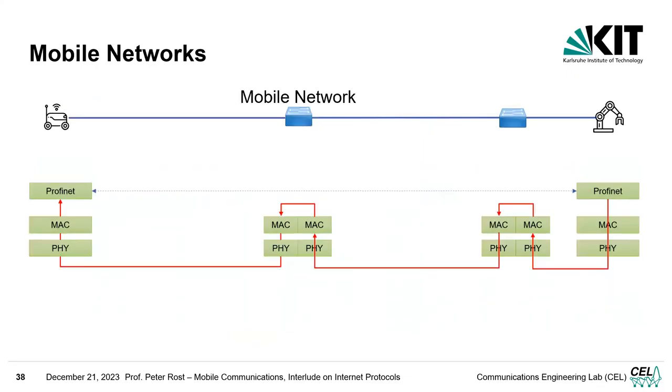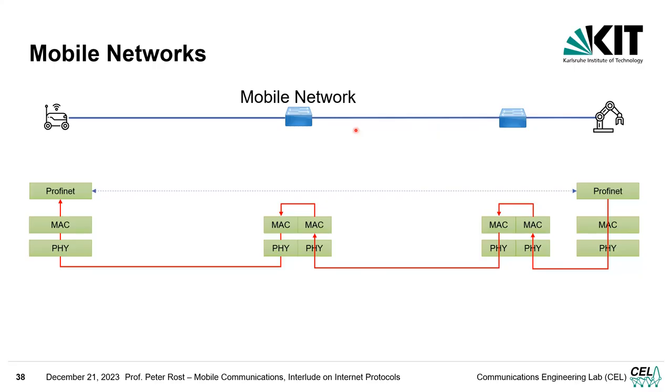From the outside world, in this case, a mobile network would only look like a switch, basically, because you just forward the frames on layer 2. And this is quite important, because then for the user of your 5G network, you don't have to care about how base stations are configured and so forth.